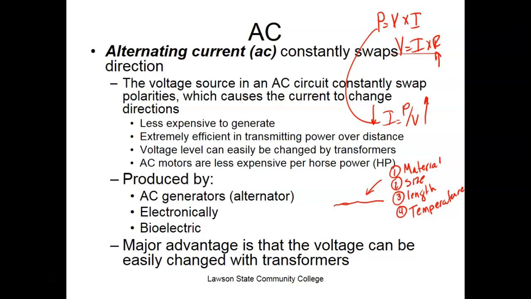But when it starts getting closer to me and closer to earth ground, what do they start doing? Stepping the voltage down. Of course, the current goes up to deliver that power, and then they keep stepping it down till it gets to my house. And then we have a transformer right out there on our pole out close to our house.